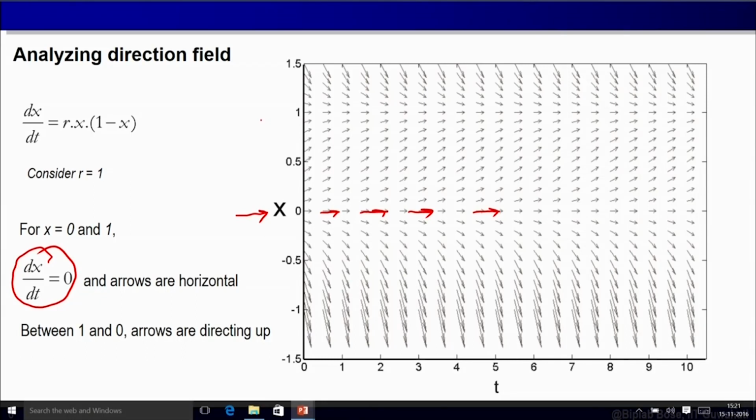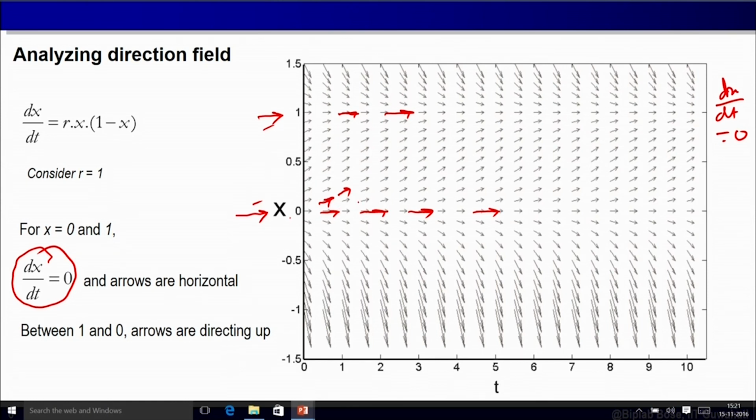You have another value, x equal to 1, where all arrows at any time point are horizontal. Here also dx/dt is equal to 0. In between 0 and 1, the arrows are pointing up, and they are moving towards 1. What are they telling?